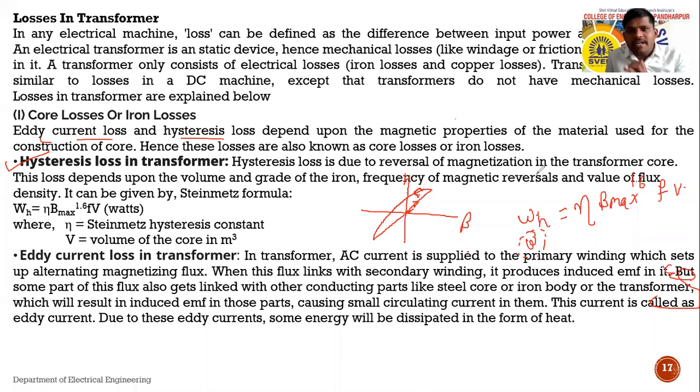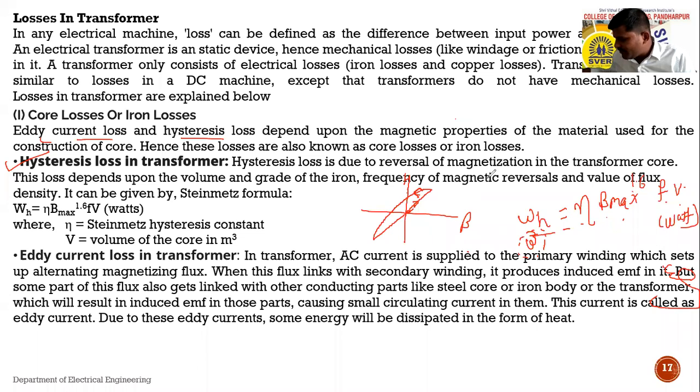So according to the Steinmetz formula, the hysteresis loss WH equals eta into B max raised to power 1.6 into F into V, and it is in watts. All of you note down this equation, because it is useful while calculating problems.